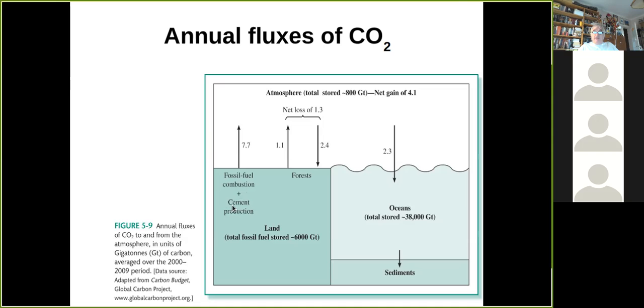When they manufacture this cement, a lot of carbon dioxide is released to the atmosphere. So a way to decrease the amount of carbon dioxide would be to avoid cement production, but this is very, very central to modern society.